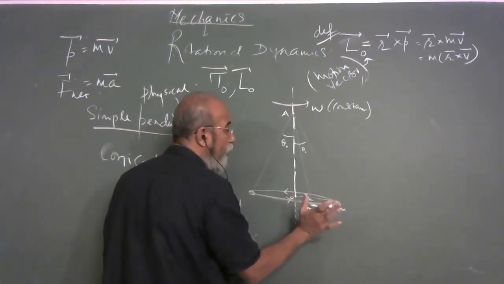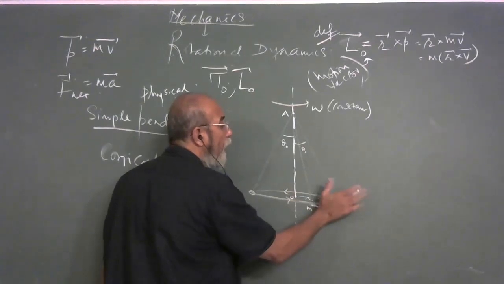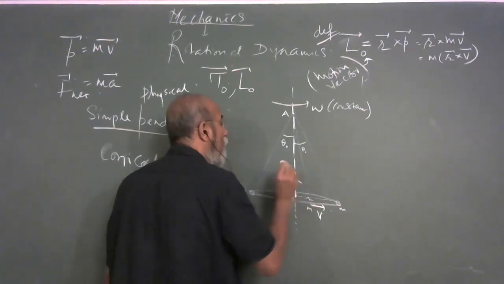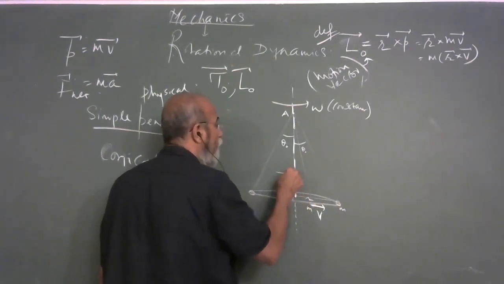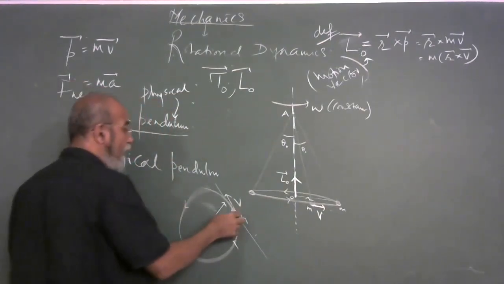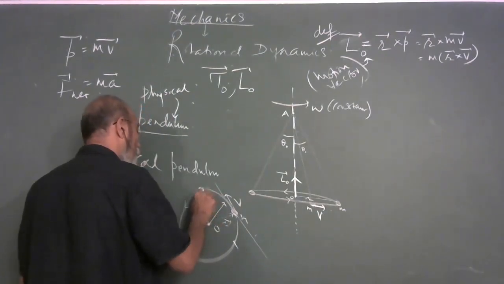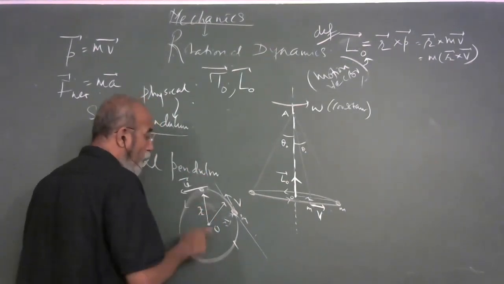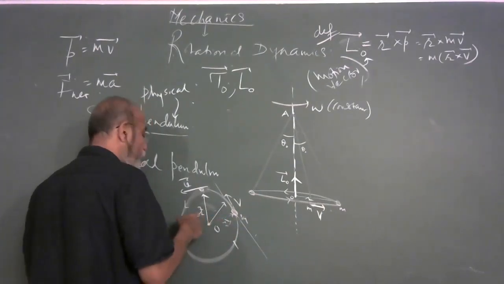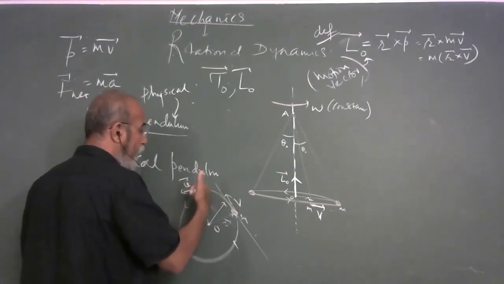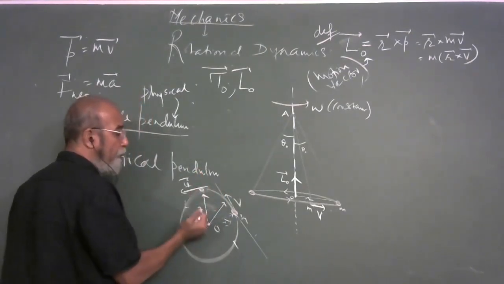Wherever the particle is, come back to O, draw it. R cross v. Though this vector R is different from this vector, this is R dash because now it's changed, R cross v is the same.